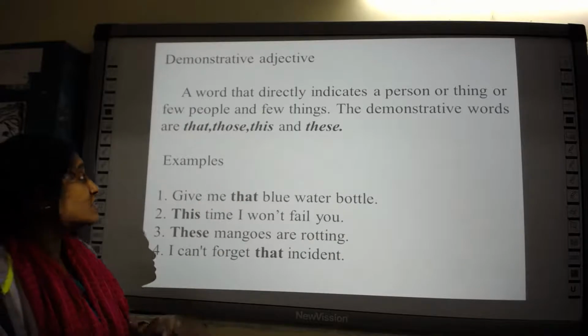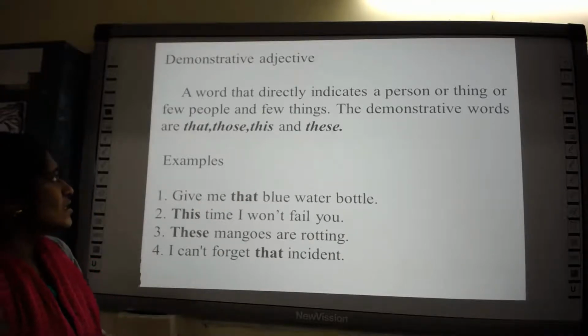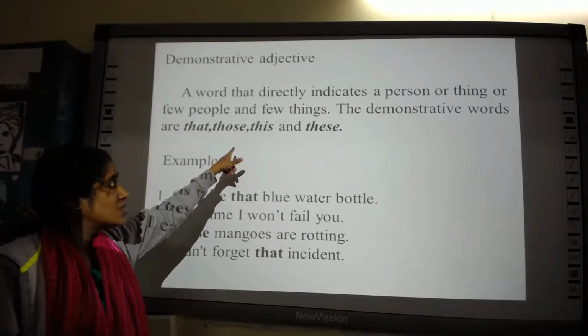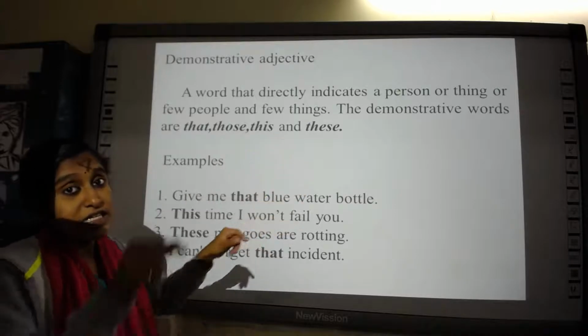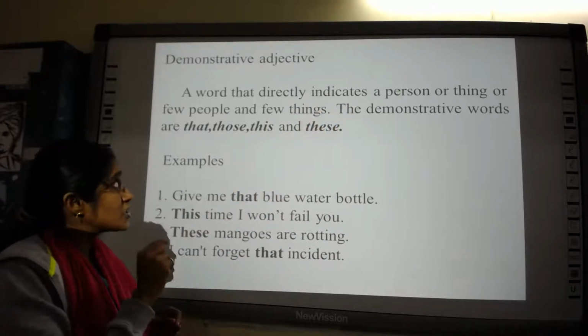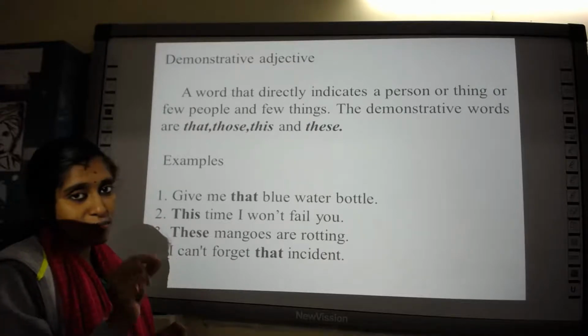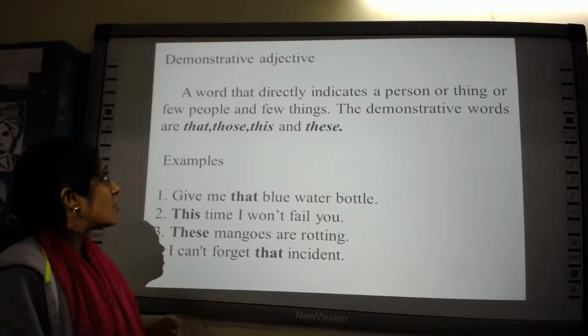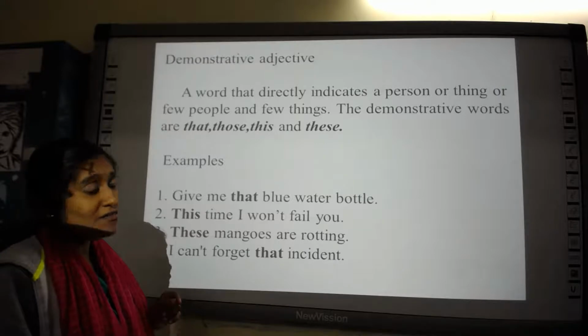And what are the demonstrative words that are used? That, those, this, these. This book, that boy, which indicates a person or a thing. It is called a demonstrative adjective.